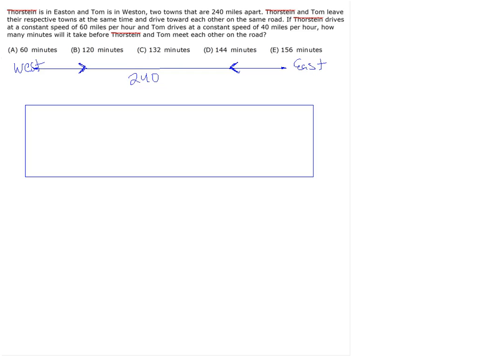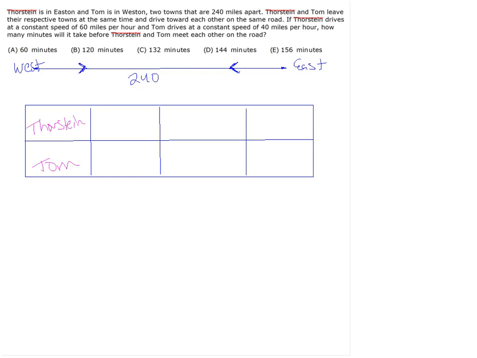So we're going to have a line like this, filling the box up and down, and then we'll make a column for rate, a column for time, and a column for distance. Now we have two characters in the story, so we put the two characters in the rows: Thorstein's row, and Tom's row.